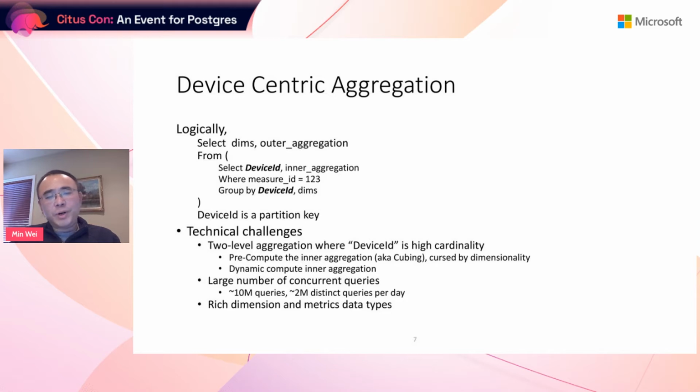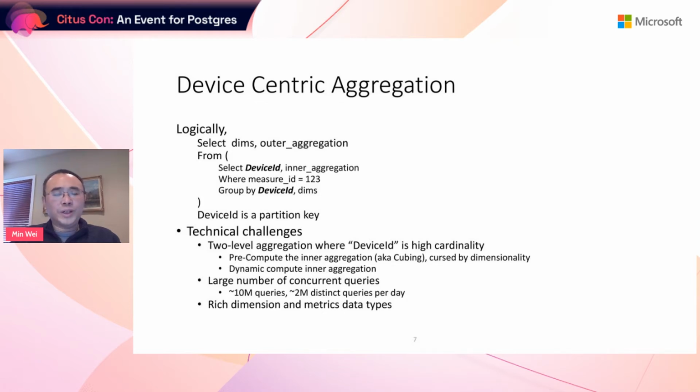So from this query, we can see immediately there are quite some technical challenges, right? The device ID could be very high cardinality, so this form of query is actually very expensive. Indeed, years ago, because this project has been going on for quite some time, even before my time, we were using something we call cubing to pre-compute, or materialize, the inner query.